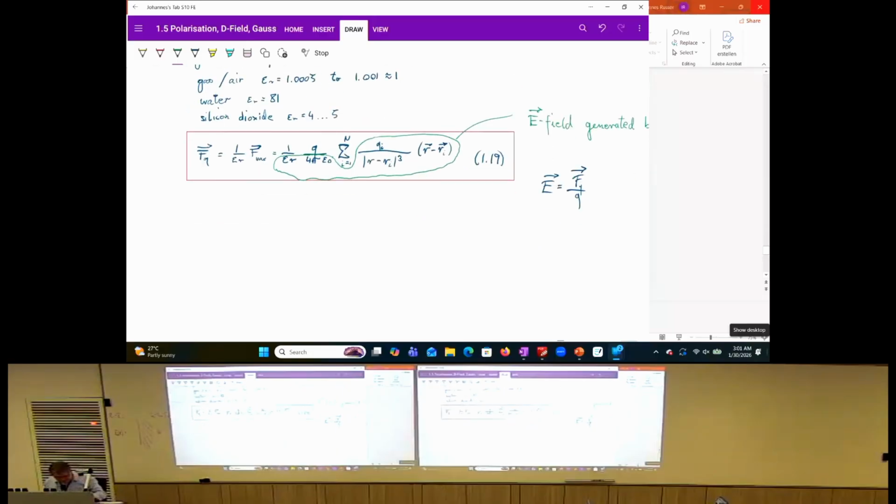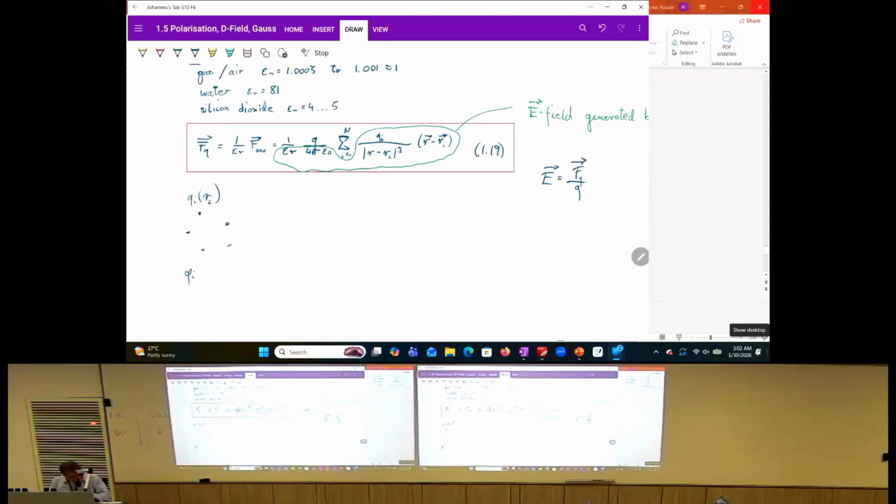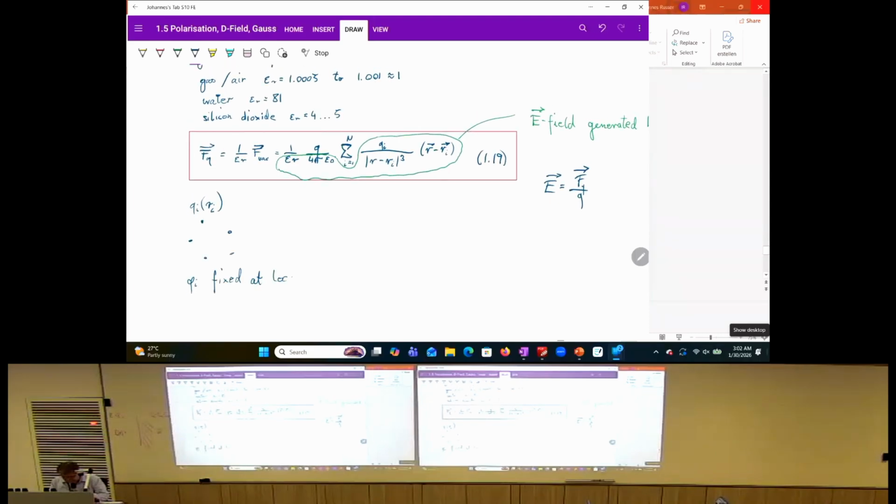So in the picture of what we have just given as the equation, you have a multitude of point charges distributed in space, which are perfectly localized and also fixed. That is something we assume. They generate an E field, and this E field exerts a force on any test charge that we bring into this field.